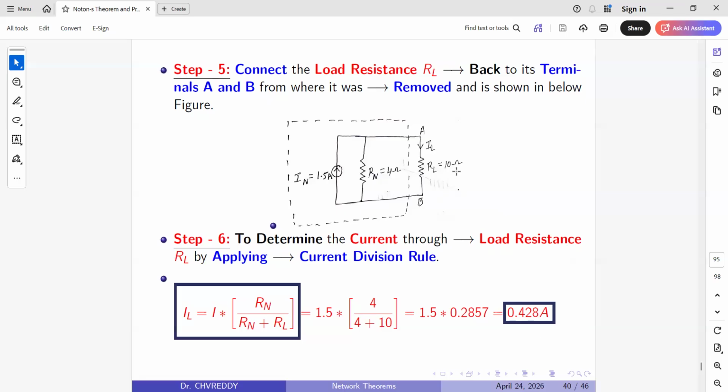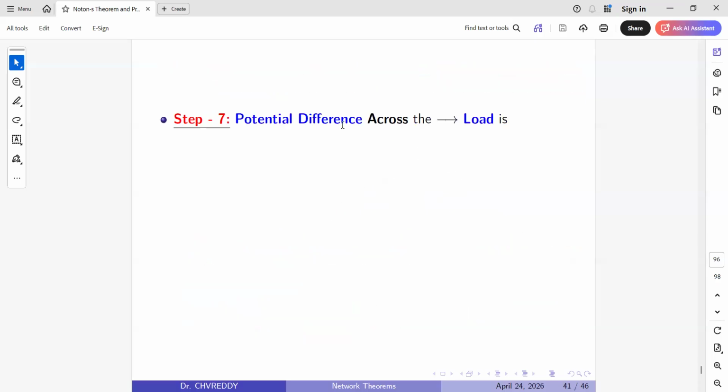So now we know the load current as well as the load resistance. Once we know the current and resistance, we are going to identify the drop across this load resistance. The voltage drop across the load resistance, or the potential difference across the load resistance, is VL equal to IL into RL.